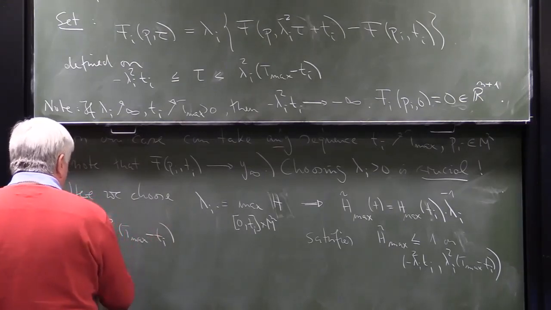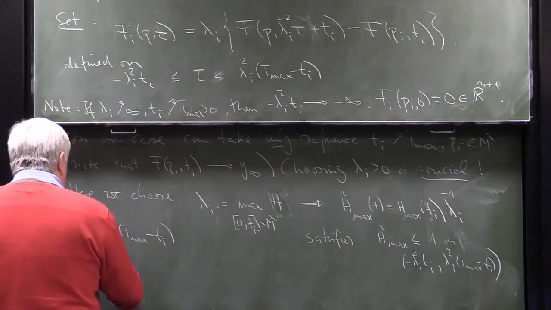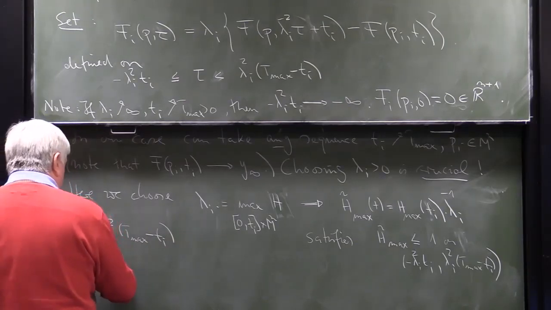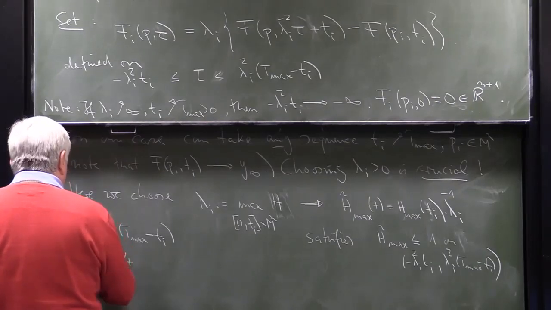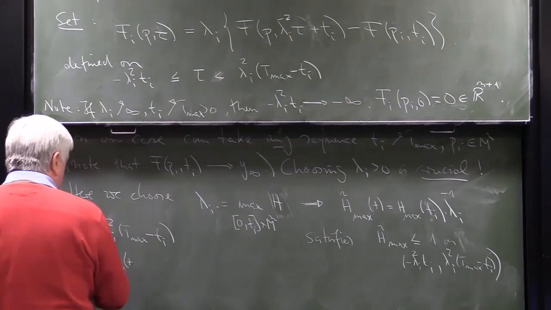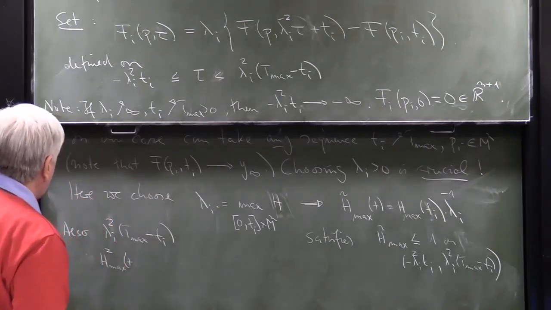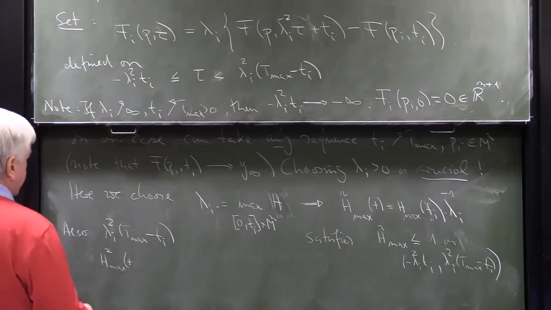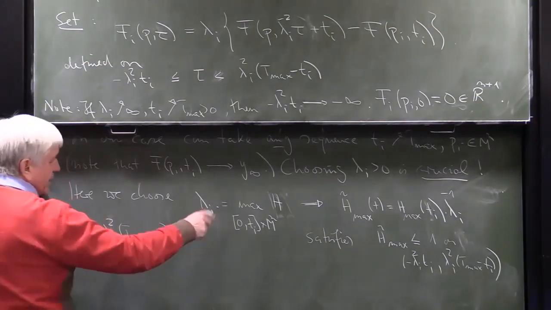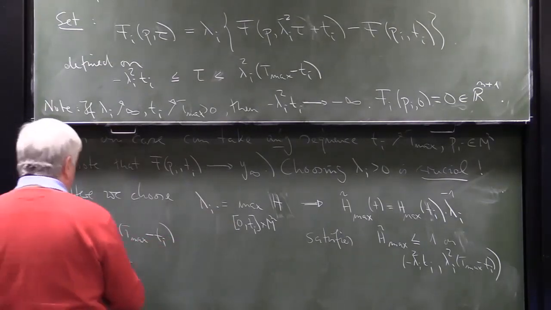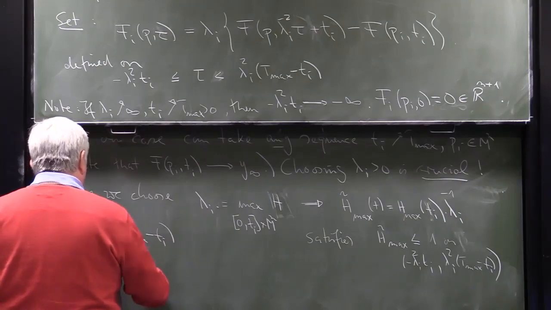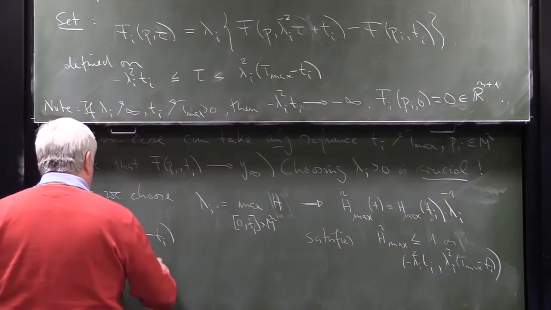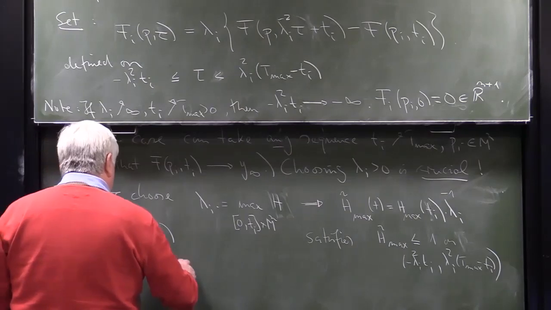This is equal to H_max squared at t, which is less than, if we take t_i such that the maximum is attained at t_i, H_max at t_i squared times (t_max minus t_i).